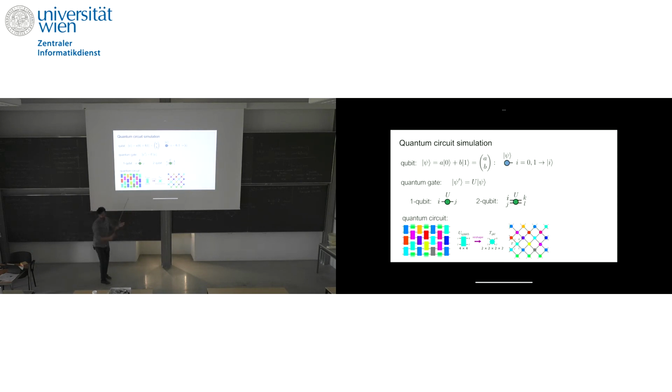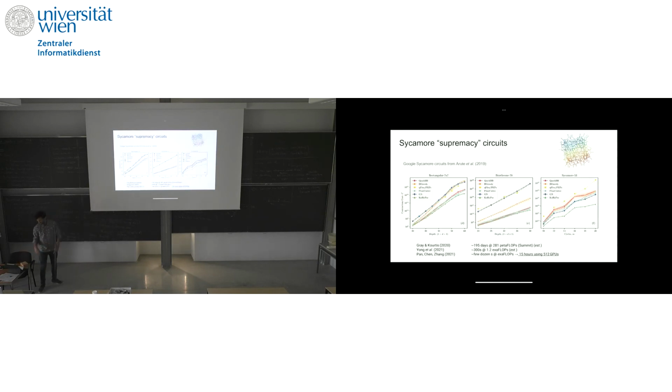You guys all know this, but basically you write your quantum circuits as a tensor network, and then you try to contract that network. And so we took these Google Sycamore circuits from this publication from a few years ago. So it's this graph here.